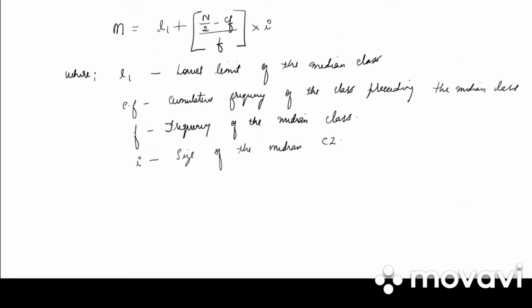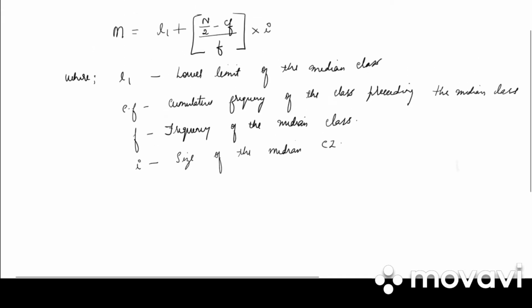So see the formula. L1 will be the lower limit of the median class. Cf is the cumulative frequency of the class preceding the median class. f is the frequency of the median class, and I is the size of the median class interval.